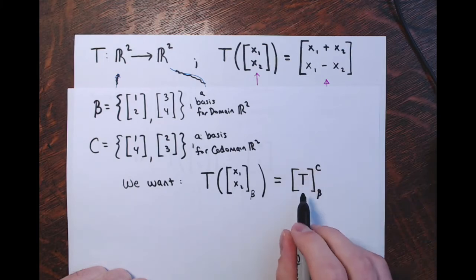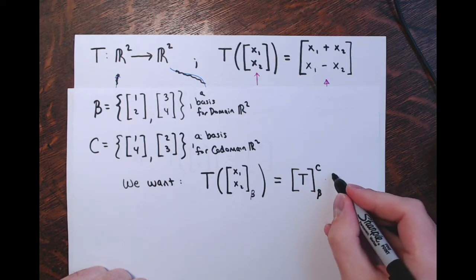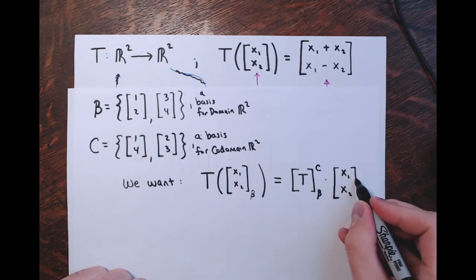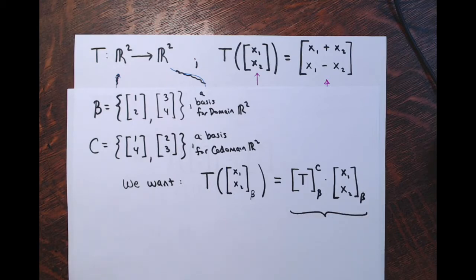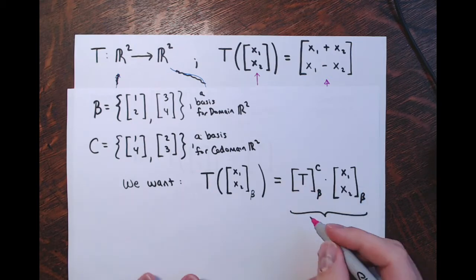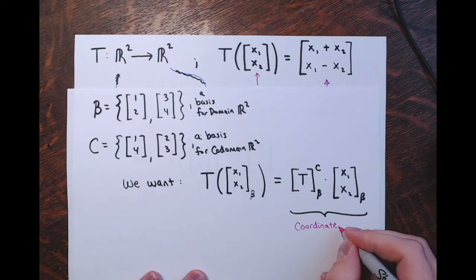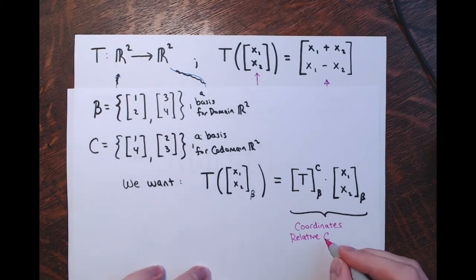This is the matrix representation of T relative to B and C, multiplied by, again, those coordinates relative to B. And this output should be the coordinates of this thing relative to C. So when I multiply these two, they end up giving me coordinates relative to C, the basis for the codomain.